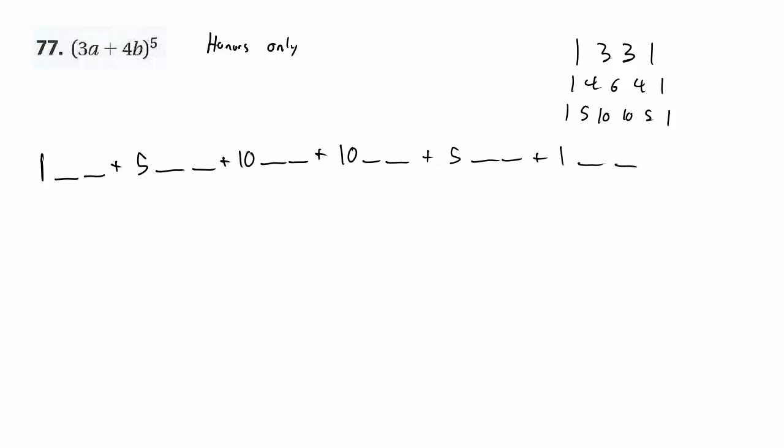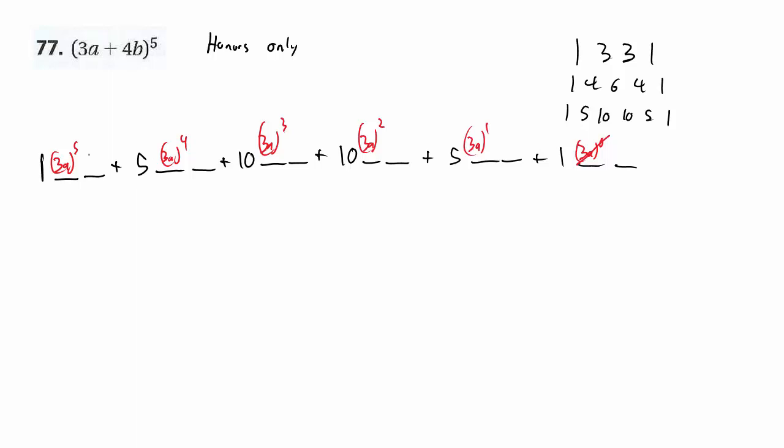And then we're going to have 3a start off to the fifth power, then 3a to the fourth power, then 3a to the third power, then 3a to the second power, then 3a to the first power, and then I write this, most people don't write this, 3a to the 0th power, which means it just cancels out to a 1.